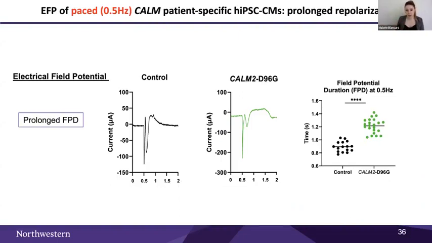We have tried, so we had to lower the frequency. And just to show that even when you pace the cell, you can see exactly the same thing. The distance between here and the repolarization is way longer for the disease line. So if you pace or if you don't pace, you don't lose the phenotype.